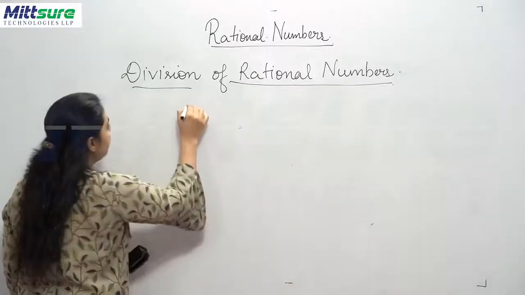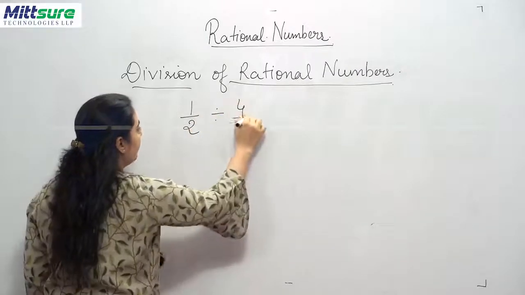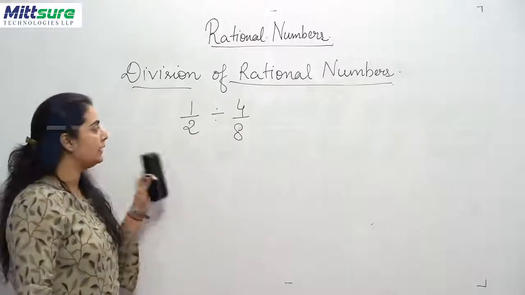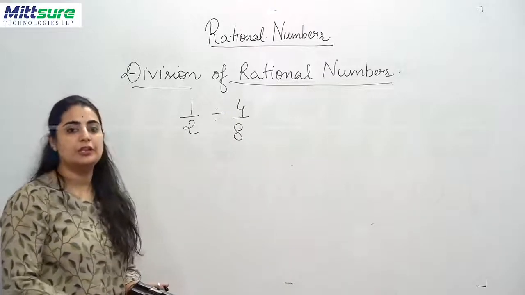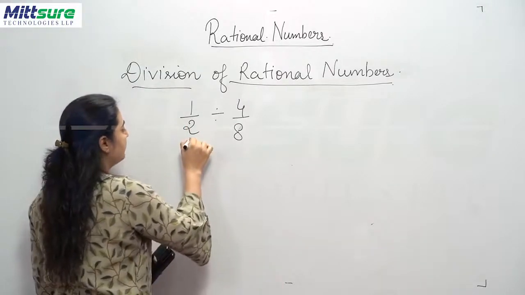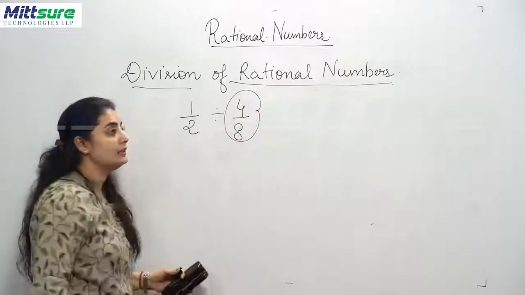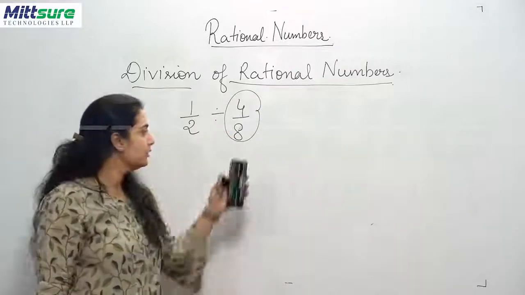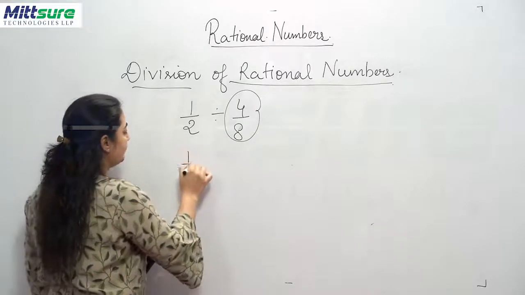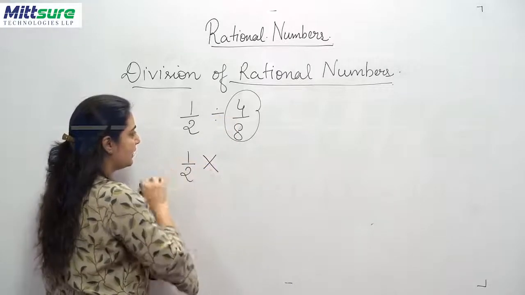The example is 1 upon 2 divided by 4 upon 8. These are the two rational numbers in which the division has to be done. First of all, we check that the second rational number is not equal to 0. It is not, it is 4 upon 8. So for 1 upon 2, the division sign gets changed to a multiplication sign.